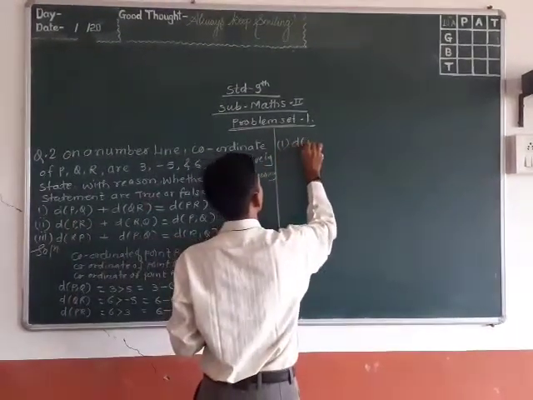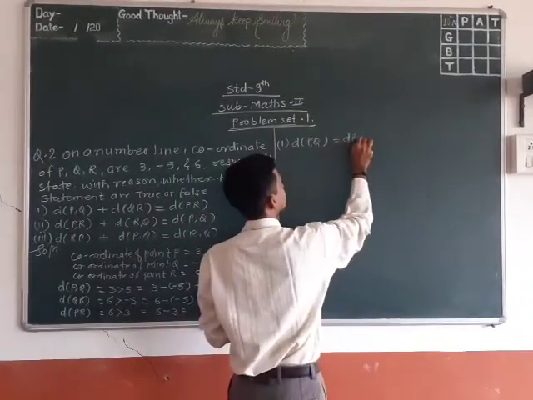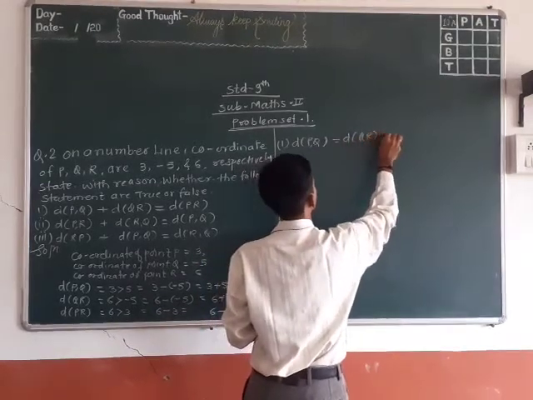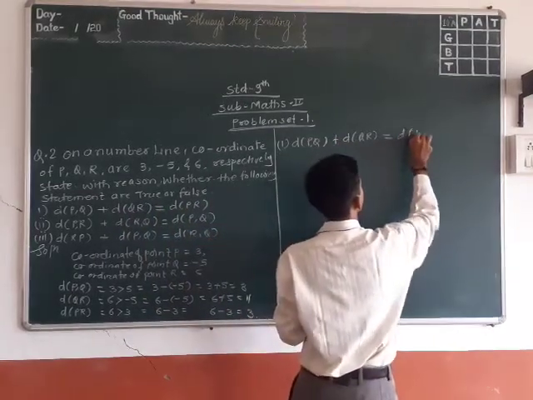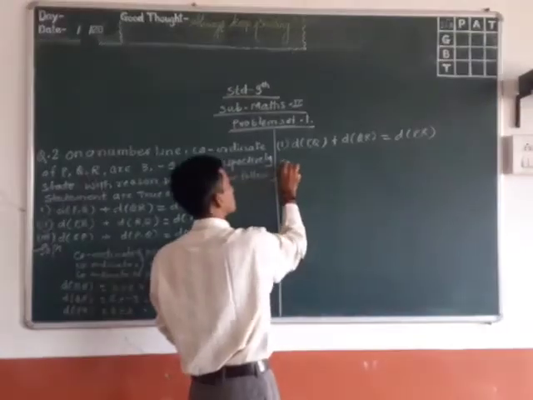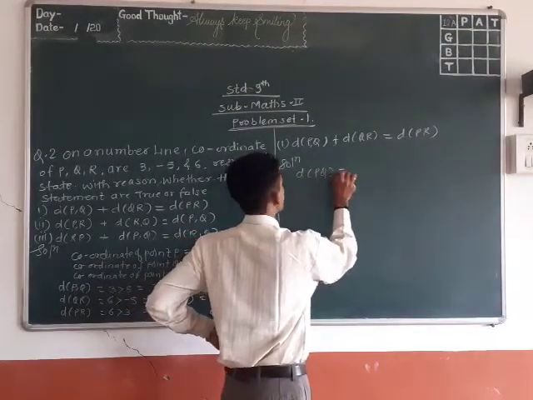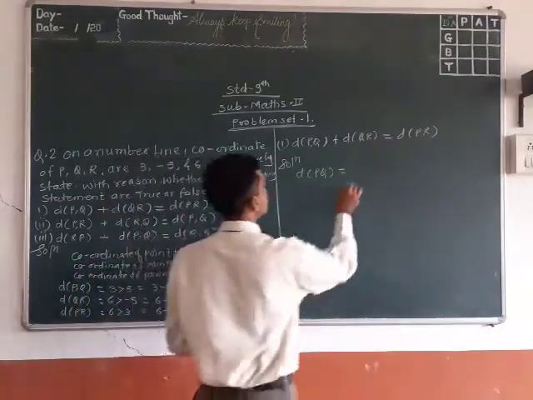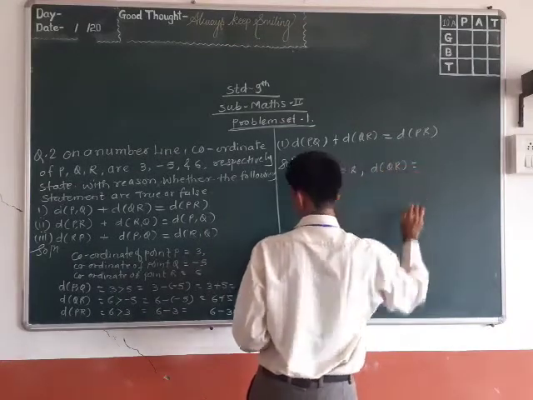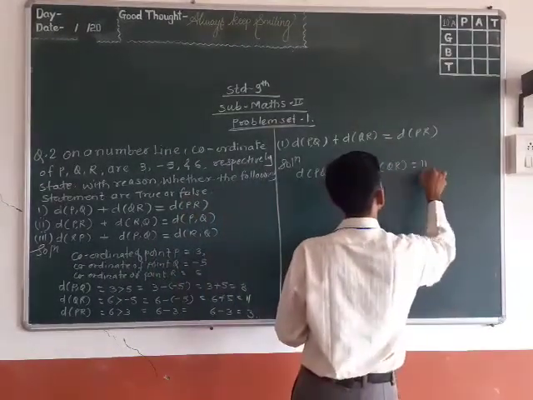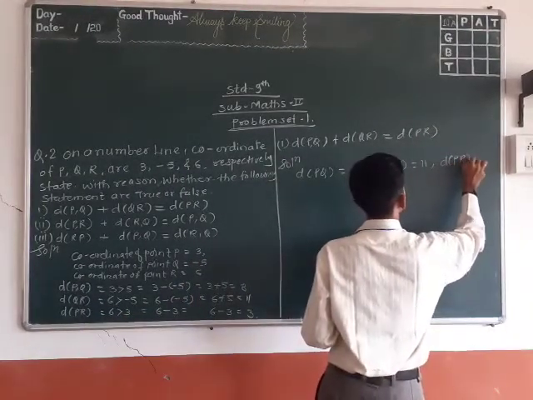The first example: distance PQ plus distance QR is equal to distance PR. Solution. Distance PQ is equal to 8, distance QR is equal to 11 and distance PR is equal to 3.